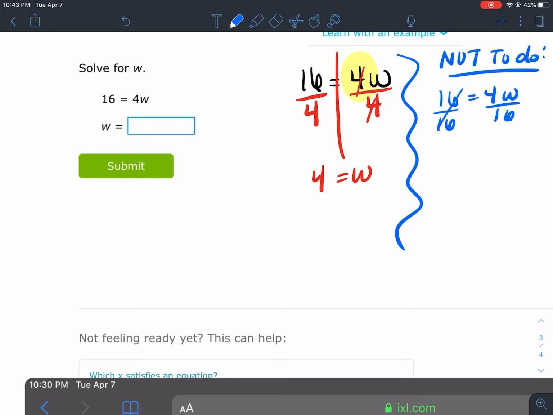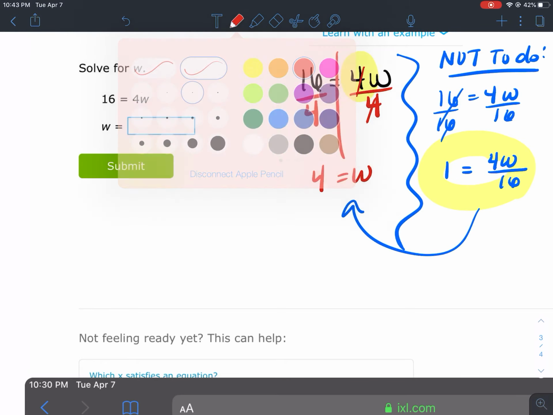Now that cancels and that gives me 1 equals to... Does this look at all like what this should end up looking like? No. So you end up getting something like this, where you have a number and it canceled out, but there's nothing next to it. You probably did the wrong thing. So ask yourself, what are you doing wrong? Are you dividing it by the correct number?